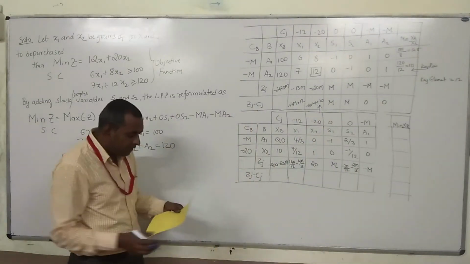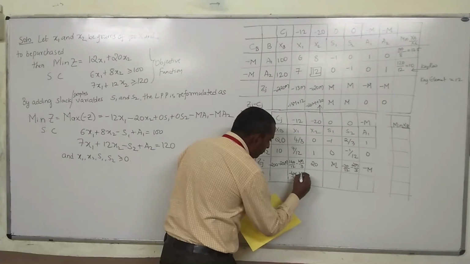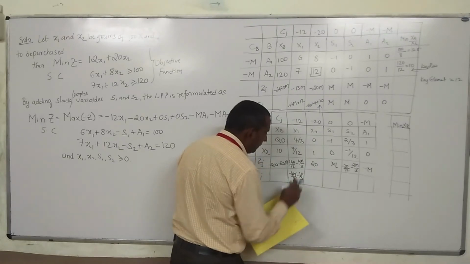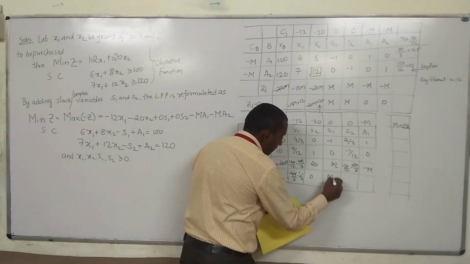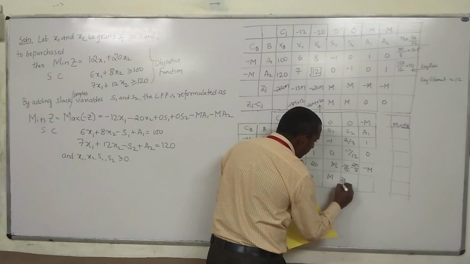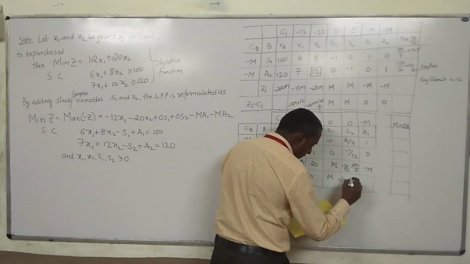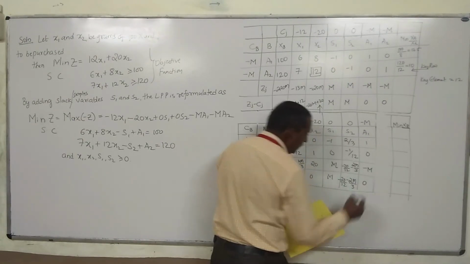So Zj minus Cj will be like this, minus 4M upon 3 minus 1 by 3. Next one is 0, this is M, then 20 divided by 12 minus 2M divided by 6.